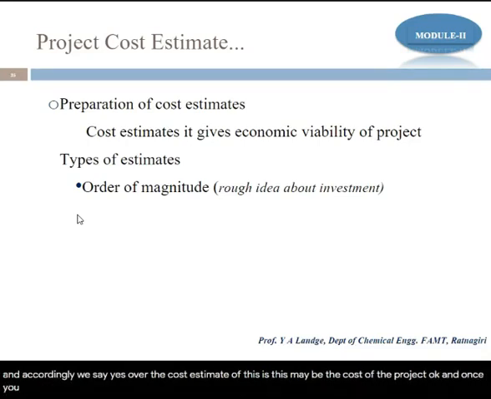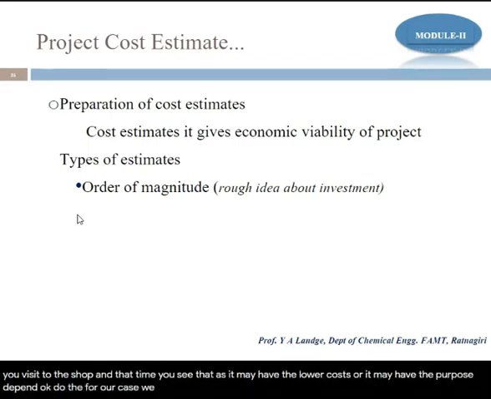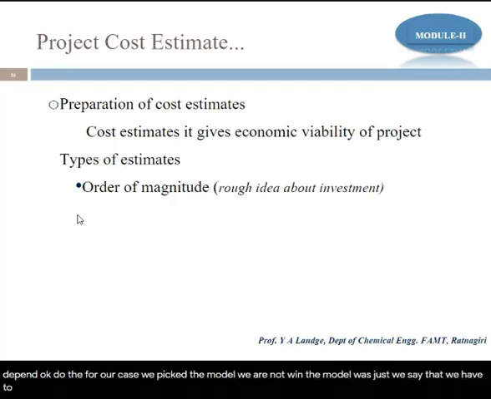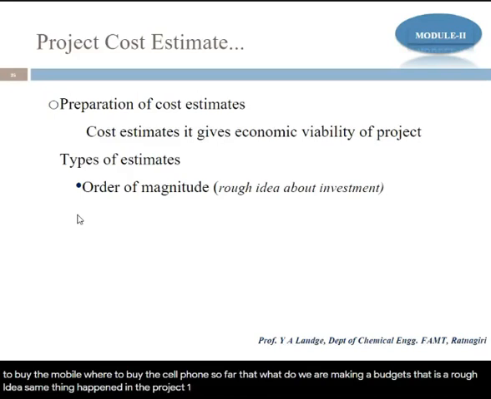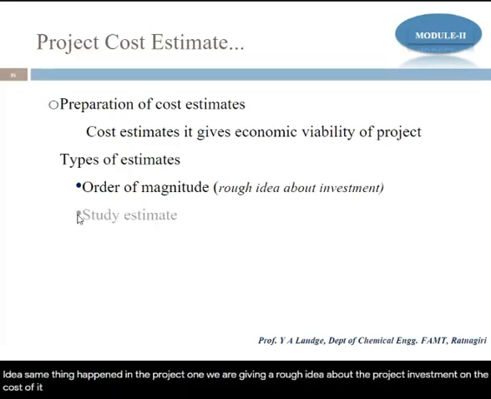Once you visit the shop, you see that it may have a lower cost or an upper cost, depending. For our case we don't fix the model, but we say that we have to buy a cell phone, so we make a budget. That is a rough idea. The same thing happens in a project: we give a rough idea about the project investment or cost.